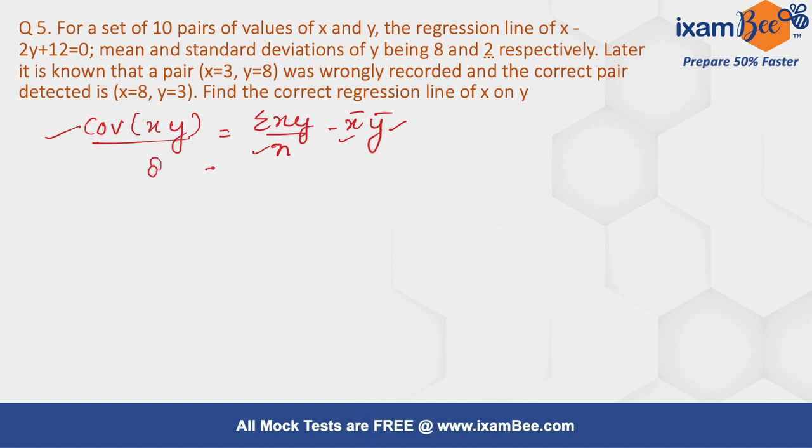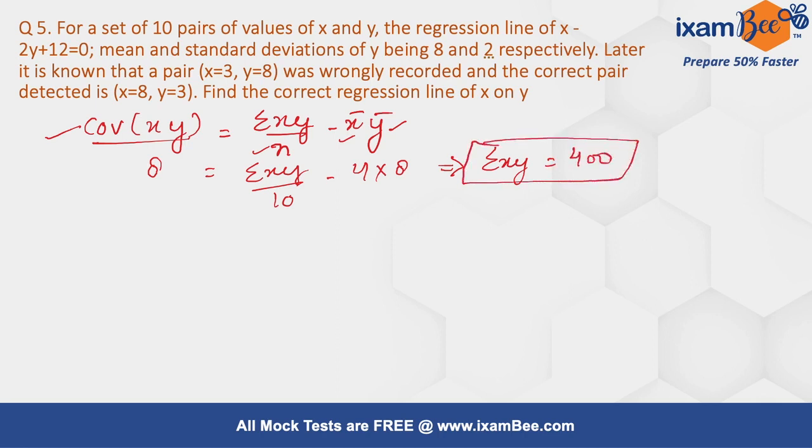It will be 8 is equals to summation xy upon 10 minus 4 into 8. So if you solve this, you will find the value for summation xy is 400. So we have the value for summation xy. For corrected summation xy, what should we do?